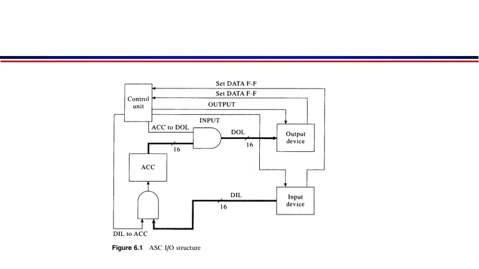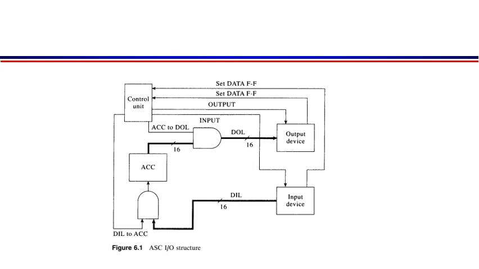So in this figure, the accumulator is connected with the input and output devices. The accumulator is connected with the output device through data output lines, and also it is connected with the input device through data input lines. The output data will flow through data output lines and the input data will flow through the data input lines.